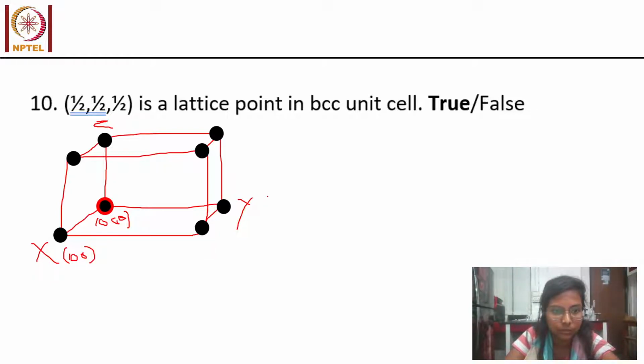What will be the 1, 1, 1 point? So 1, 1, 1 means 1 along X, then 1 along Y, 1 along Z. So this is like 1, 1, 1.